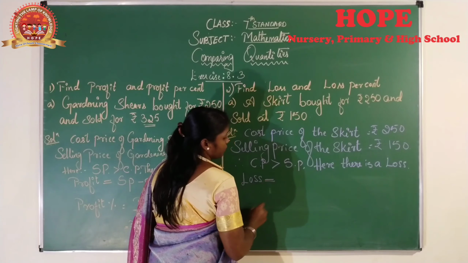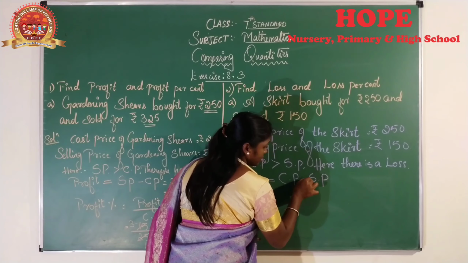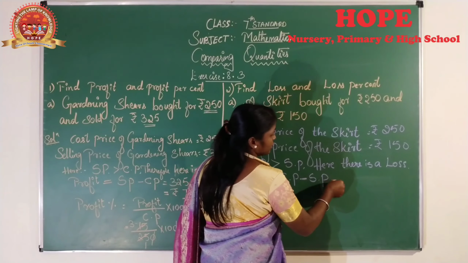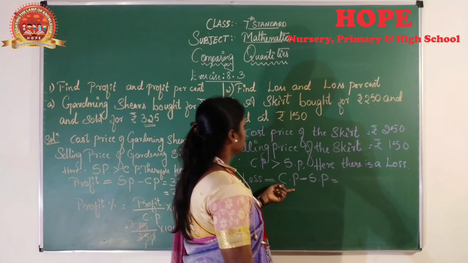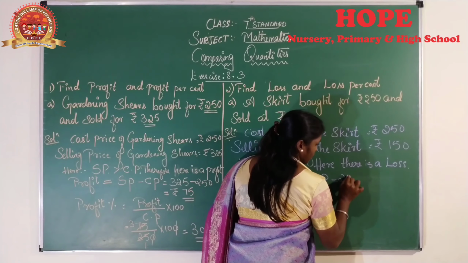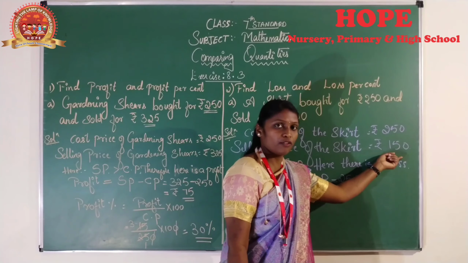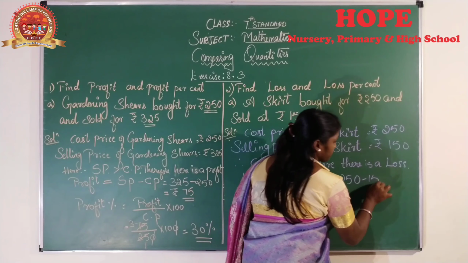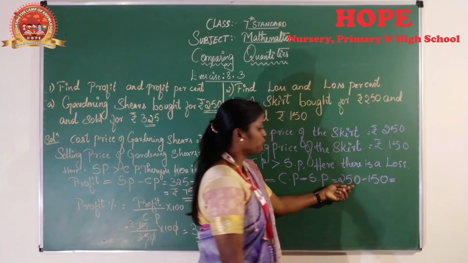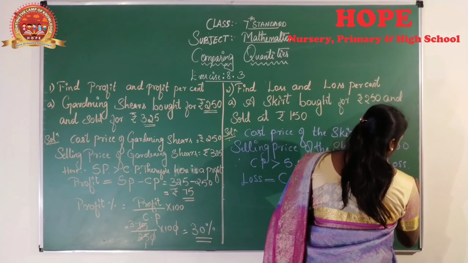CP minus SP, that is the cost price minus the selling price. The cost price here is rupees 250 and the selling price is rupees 150. So this is equal to 250 minus 150, which is nothing but rupees 100.